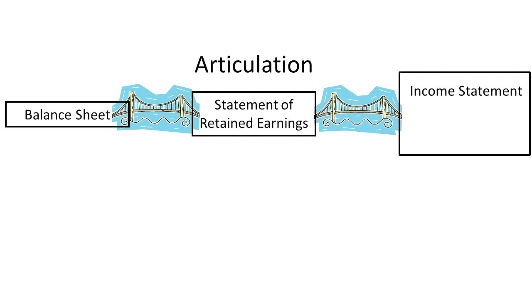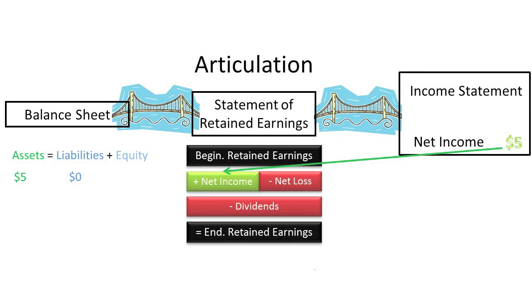For example, if a business were to generate $5 of net income, it would also show a $5 increase in its net assets, i.e. assets less liabilities. That would be included within the balances on the balance sheet. In addition, the company would need to explain how it financed the additional $5 in net assets by showing the $5 on the income statement and then showing it increase retained earnings on the statement of retained earnings, and then including the revised ending balance of retained earnings, which now includes the new $5 of net income, on the balance sheet to balance out the $5 increase in net assets.